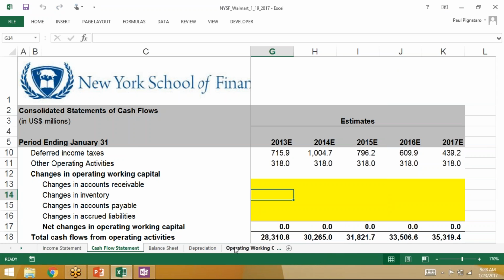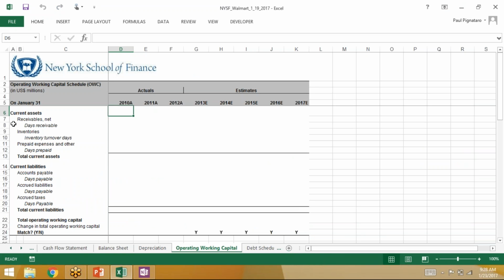If you notice, we have an operating working capital schedule where we've laid out certain asset line items and certain liability line items. Operating working capital is not a schedule that's identified in the annual report. The annual report does not have a working capital schedule. We have to create that from scratch.